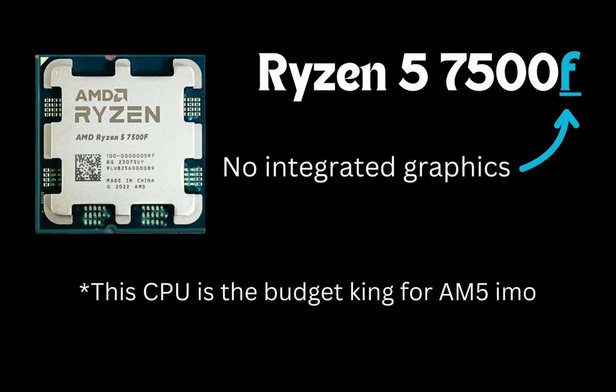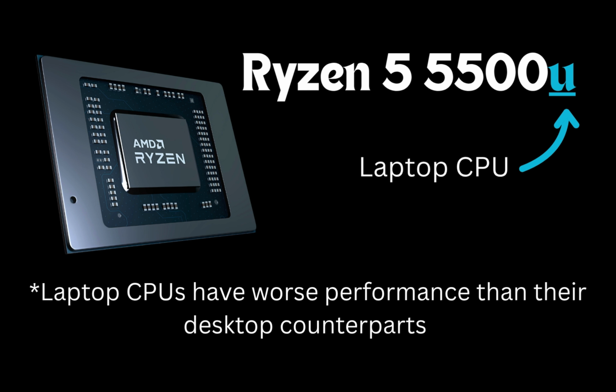Now for F, it means a budget version of the CPU that does not include integrated graphics. For example, the Budget King Ryzen 5 7500F. For U, it is just a CPU for laptops. For example, the Ryzen 5 5500U.